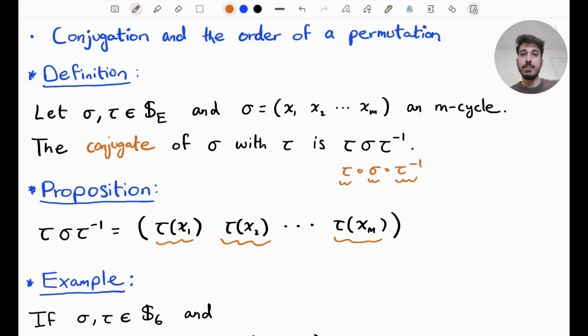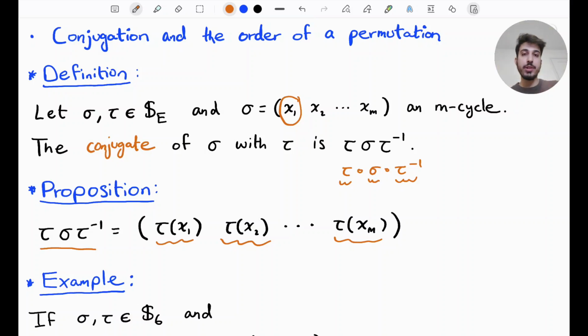In fact, the next proposition tells us that tau sigma tau inverse is in fact the cycle tau x1, tau x2, tau x3, all the way to tau xm. So you just simply take the element x1 from sigma and you apply tau on that element and you get tau x1. And you continue this process with all the elements in the cycle sigma.